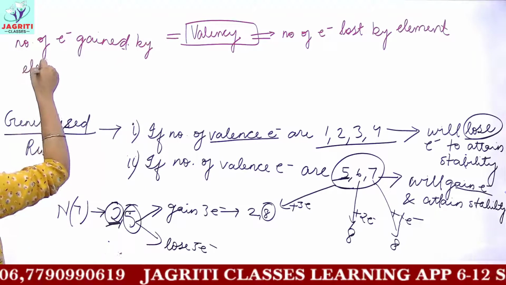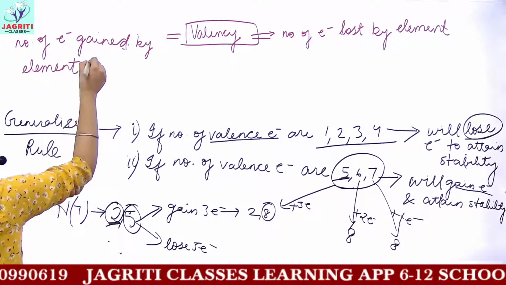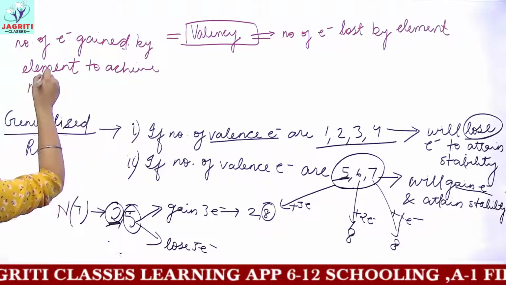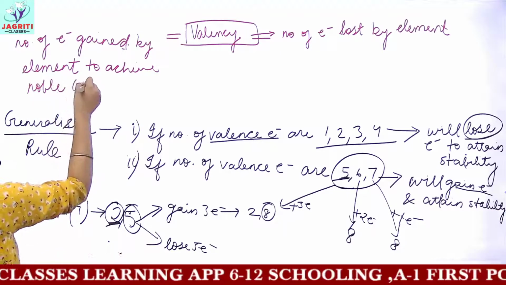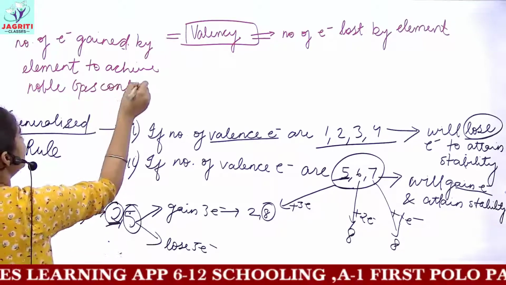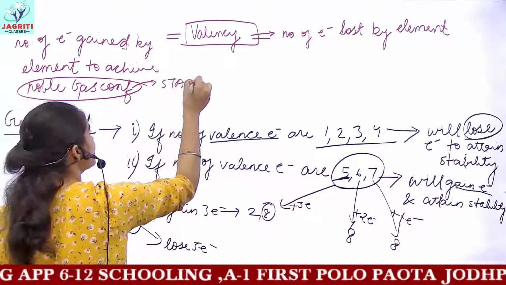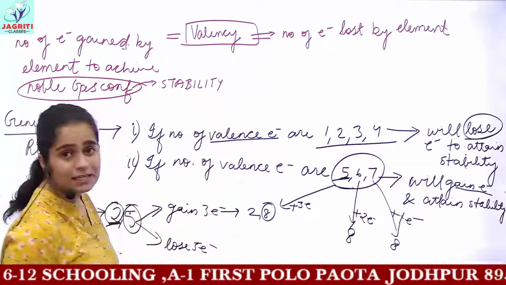Why is this element losing and gaining electrons? To achieve noble gas configuration. And what does noble gas configuration mean? To achieve stability. So this is what the term valency means.